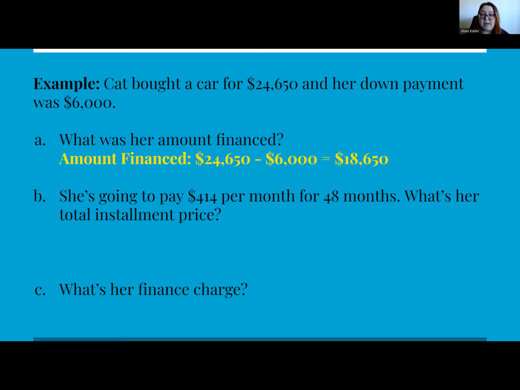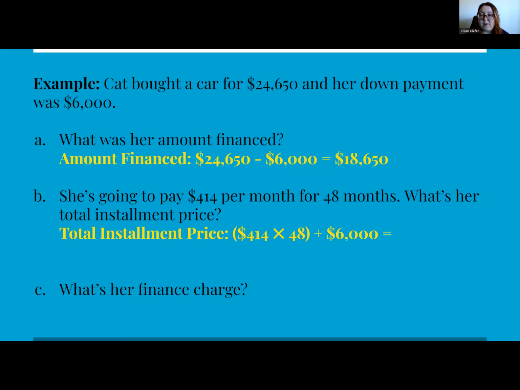Now we say she's going to pay $414 per month for 48 months. What is her total installment price? Her total installment price is going to be the sum of all of her payments plus the down payment, the money that she actually ends up spending.